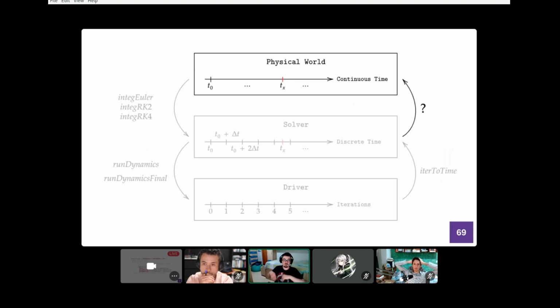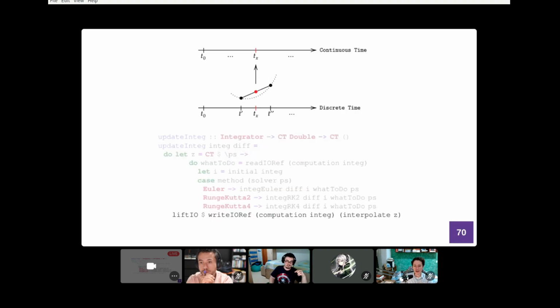And our goal is to know the system state at any arbitrary tx inside the continuous time domain. Any one. We need a way to migrate from the known domains back to the continuous one. And to solve this problem, FACT added an interpolation mechanism. So we use reachable points from the solver domain to calculate a linear interpolation that puts us back in the continuous domain.